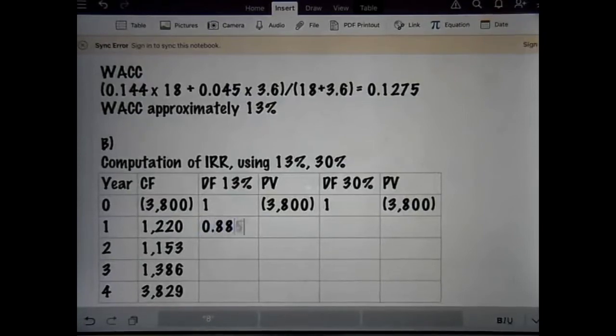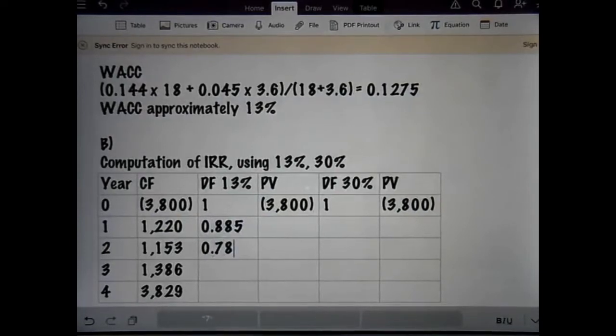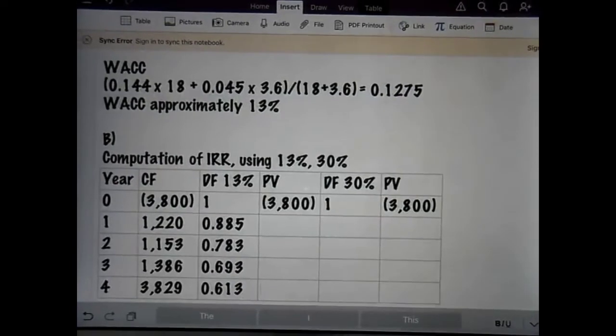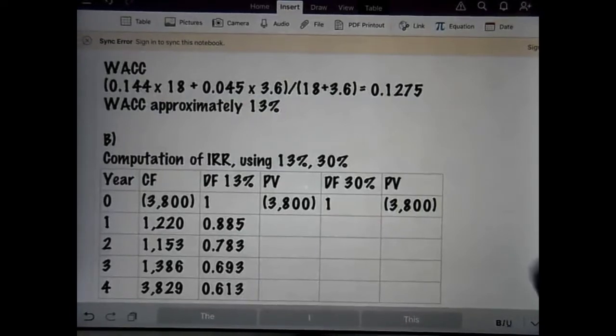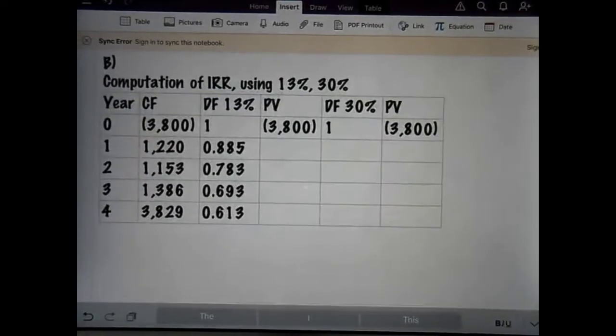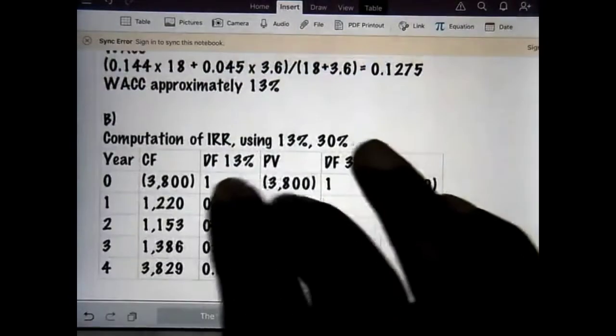So use the table, 0.885, 0.783. Next one is... are you okay so far? 30%, have we got the numbers ready now?